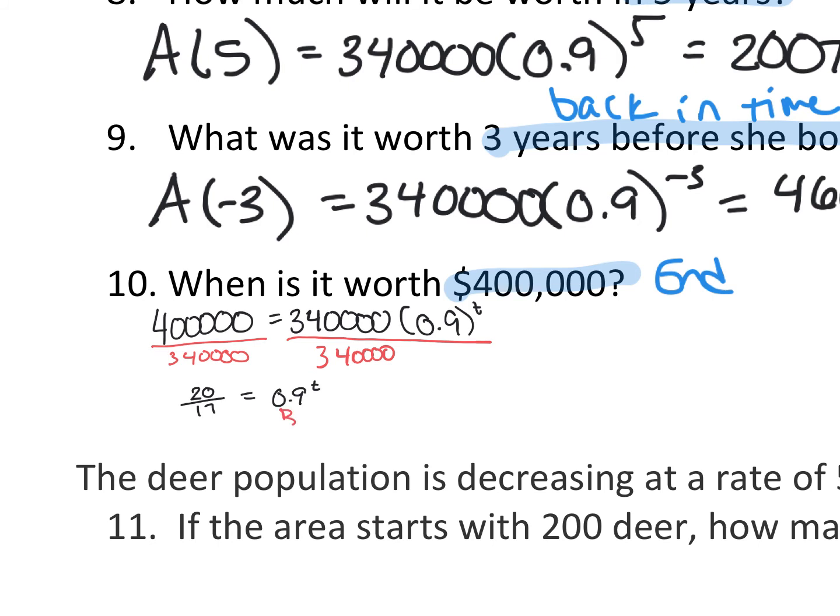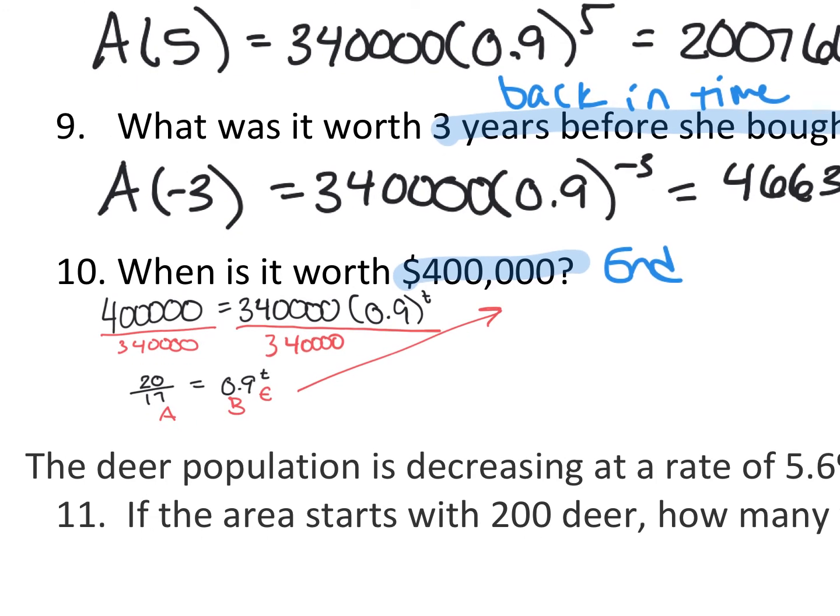I have a base and an exponent and an answer. This is something that I can rearrange. So I'm going to move my work over here. So once we rearrange this, we have log base 0.9 of 20 over 17 is equal to t.